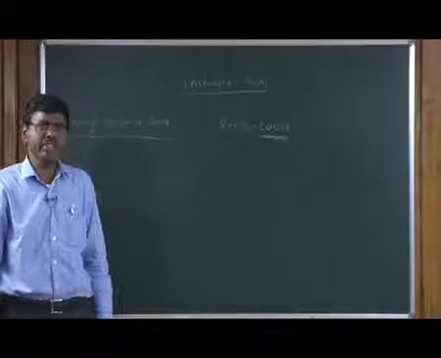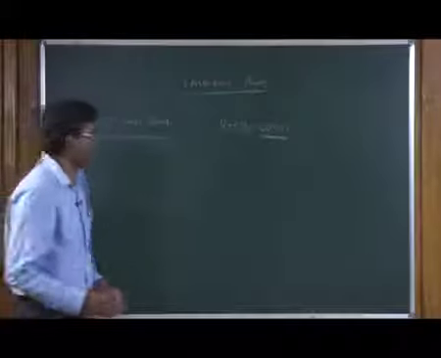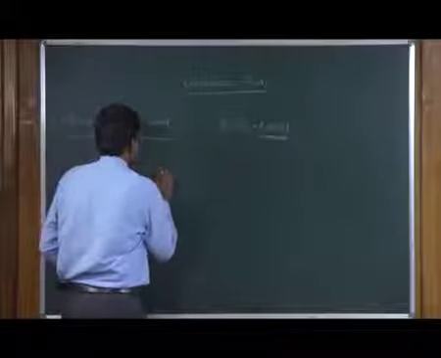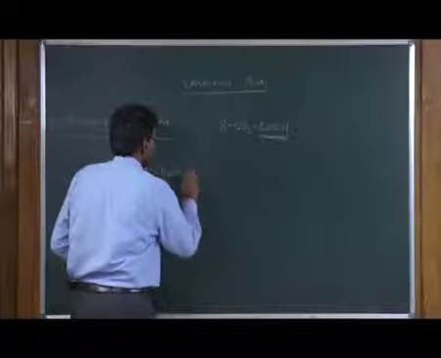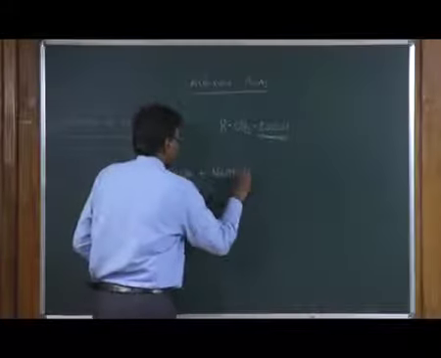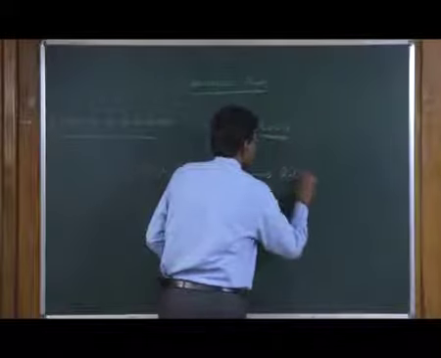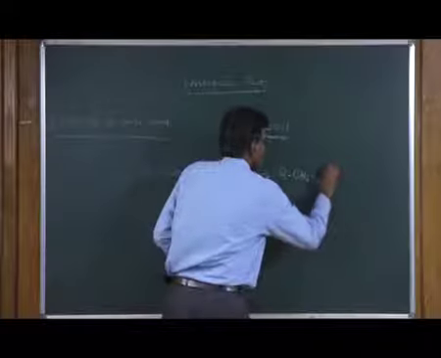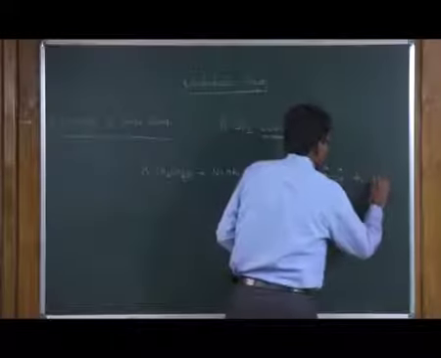Carboxylic acids are acidic in nature, they can give a proton and make salts with bases. For example, when you take the carboxylic acid and react with a base, for example, sodium hydroxide, it can form sodium carboxylate and water as a byproduct.